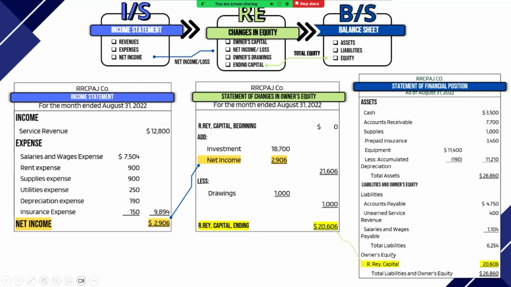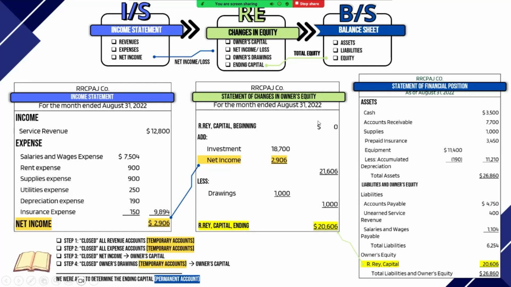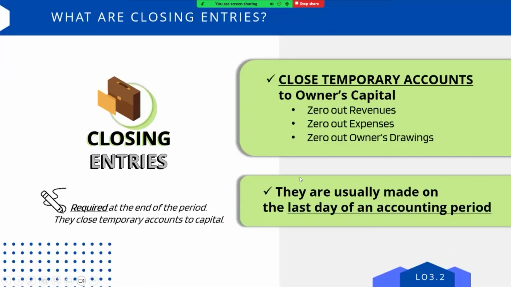Owner's drawings, your net income, your net loss will all be zeroed out so that we can transfer everything to the owner's capital. Your permanent accounts are your assets, liabilities, and equity. So we first close our revenue accounts, then our expense accounts, then close our net income to owner's capital, and then we close our owner's drawing to owner's capital so that at the end, all that remains would be your ending owner's capital.